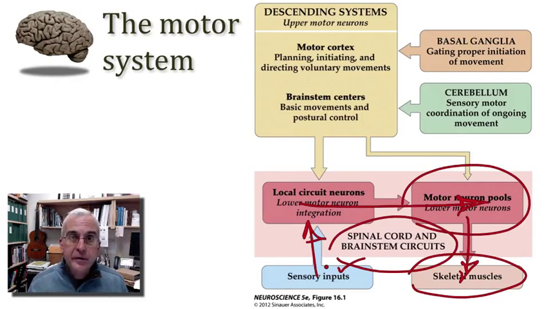There are also circuits that span the segments of the spinal cord, and in some instances span levels of the brainstem where we find different kinds of cranial nerve motor nuclei. These kinds of circuits we call intersegmental circuits because they are required to coordinate the activities across the longitudinal length of the central nervous system where we find our lower motor neurons.